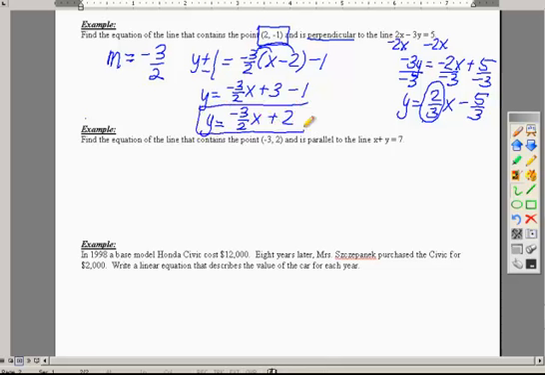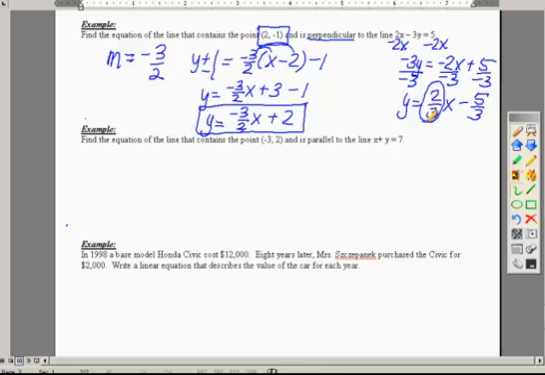And this now is a line that will be perpendicular to my original y equals 2/3 x minus 5/3. And as long as their slopes are opposite reciprocals, they will end up being perpendicular. So we're going to go through another one, a parallel one, and then we'll look at a story problem.